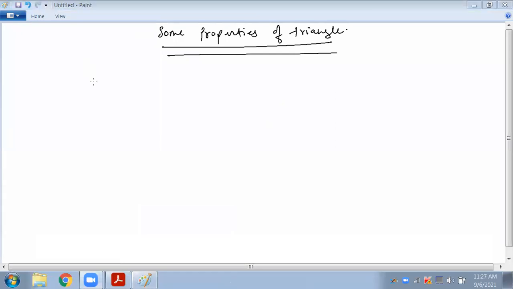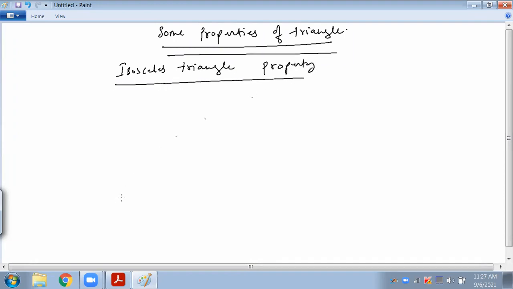Okay, now the first one is the isosceles triangle property. We're going to see the isosceles triangle property, and that is theorem 7.2.